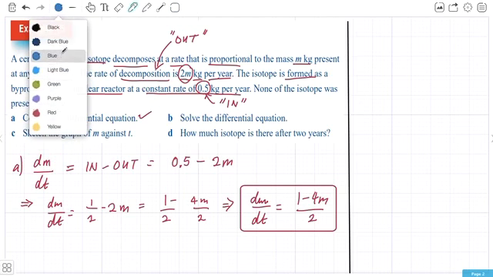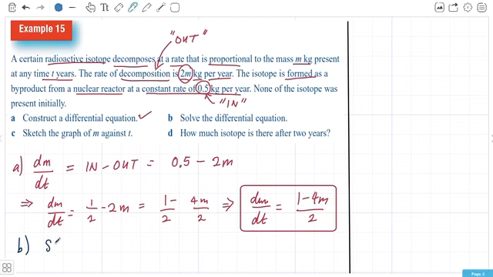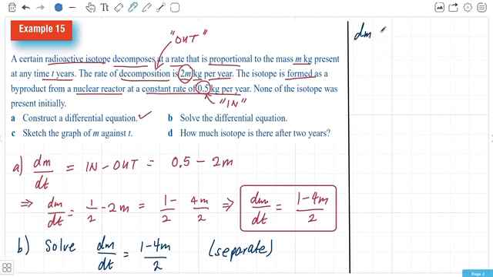Part B asks us to solve the differential equation. So we're going to solve dm/dt equals (1 minus 4m) on 2. I'm going to separate this out. So I'm going to take the dt up, and take the 2 over first, so bring that underneath and divide it through.